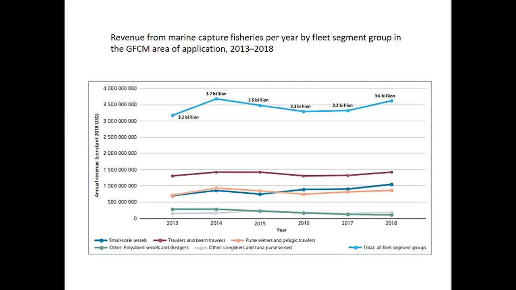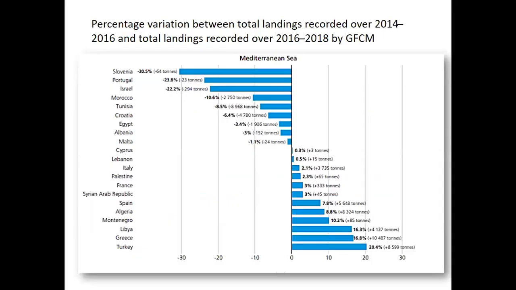You can notice the different scales, the different vessels, and the different ways of fisheries activities in the Mediterranean Sea. One can notice that the peak of the fisheries activities was in 2014, and there is a decline in most of the fisheries activities in the Mediterranean Sea.